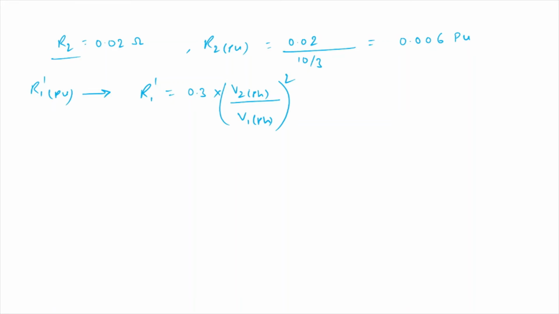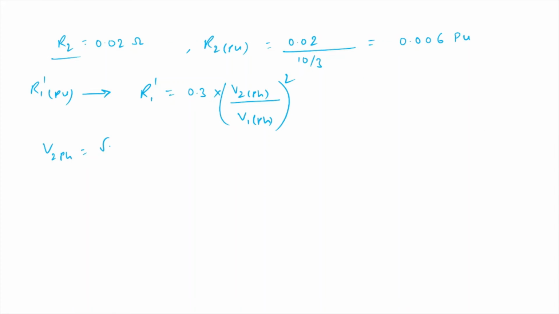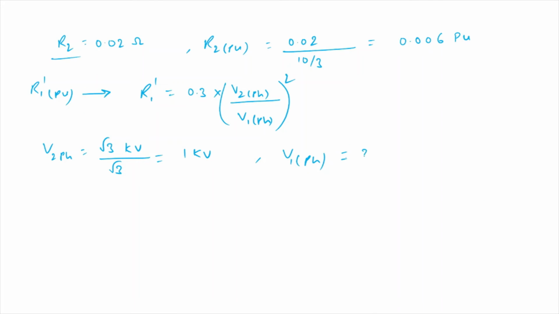So V2 phase voltage is root 3 kV, the line value, and since the secondary was connected in a star, to calculate the phase voltage we have to divide it by root 3, so it would be 1 kV, V2 phase. How much would be V1 phase? It was connected in delta, so line value and phase value would be the same, so it would be 3 kV. Now we will put both the values in this equation, we will get R1 dash.